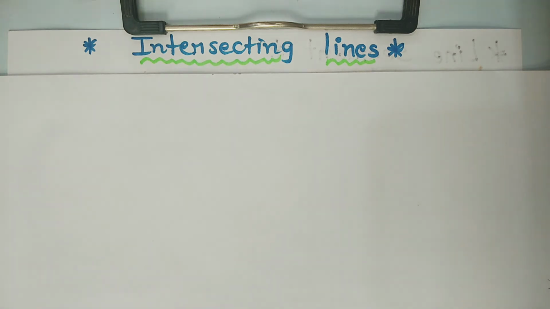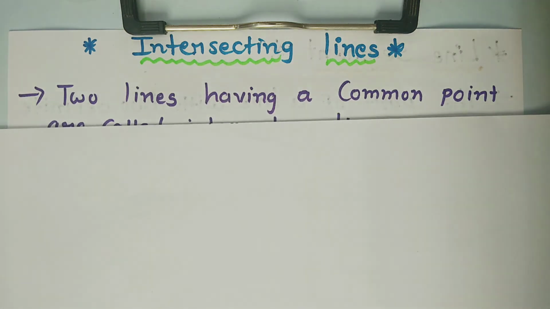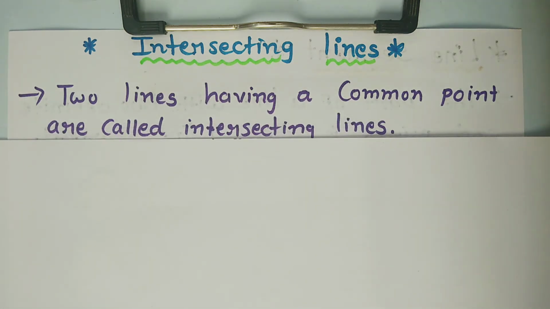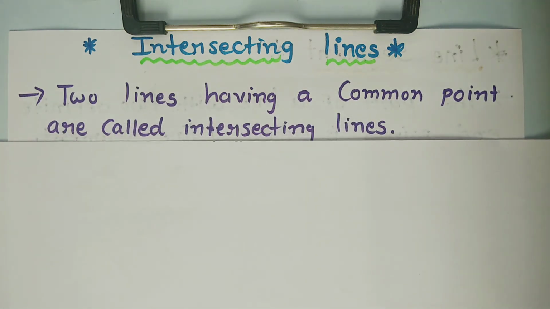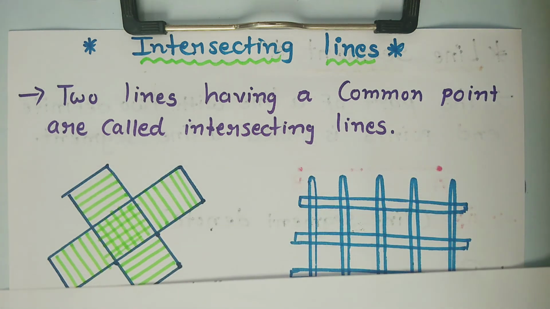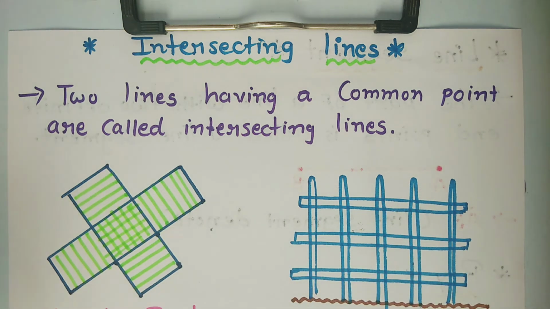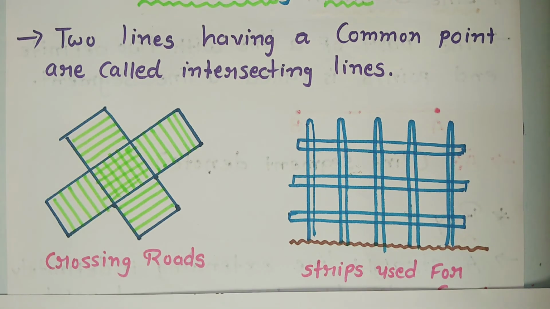Next point, intersecting lines. Two lines having a common point are called intersecting lines. If two lines have a common point, it means the lines are intersecting lines. Here you can see some examples. First one is crossing roads.